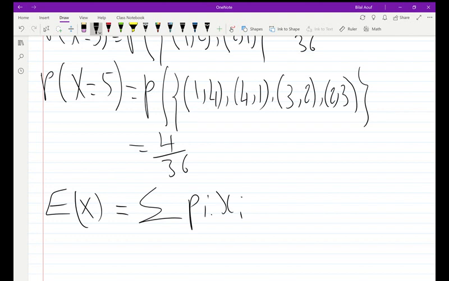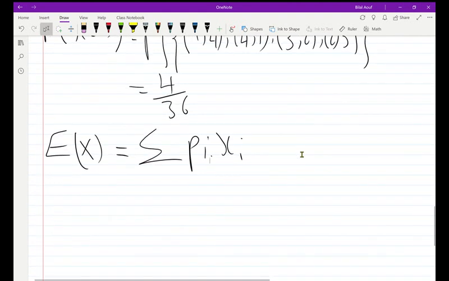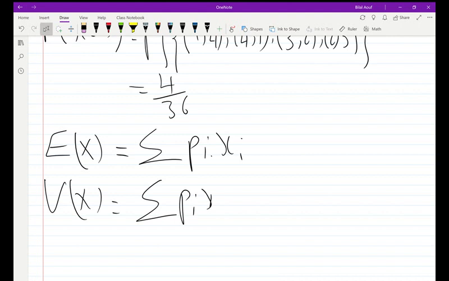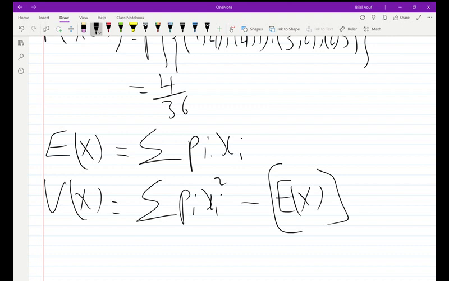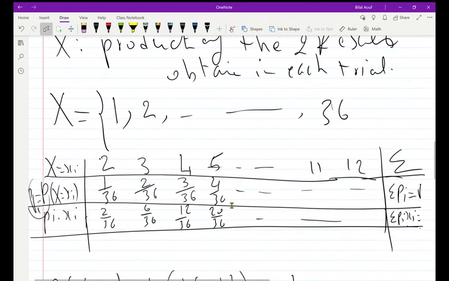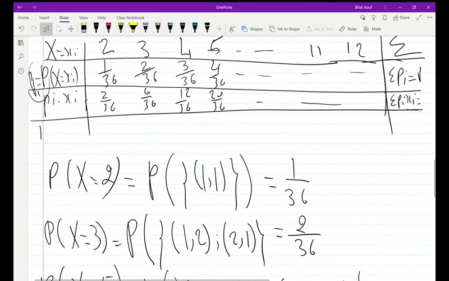The variance of x, as we know, the formula is equal to summation pi xi square minus E(x) square. E(x) I have from here, squared. So still I have to find summation pi xi square. I already have summation pi xi, so I add another row, pi xi square.